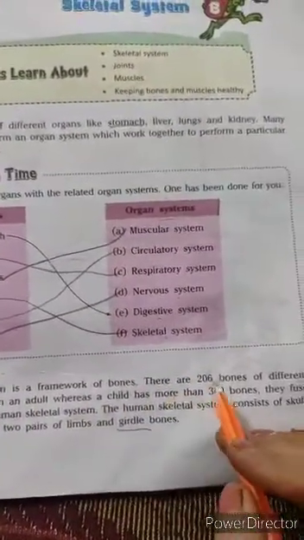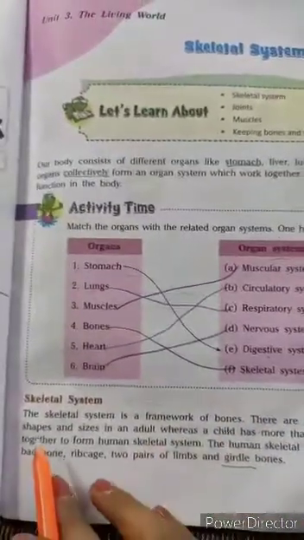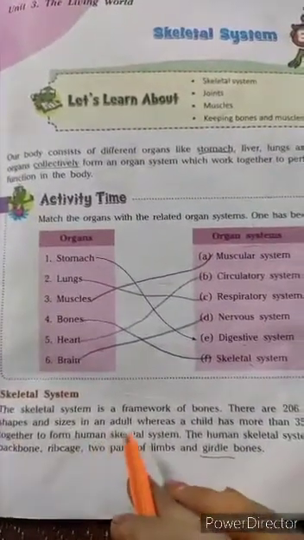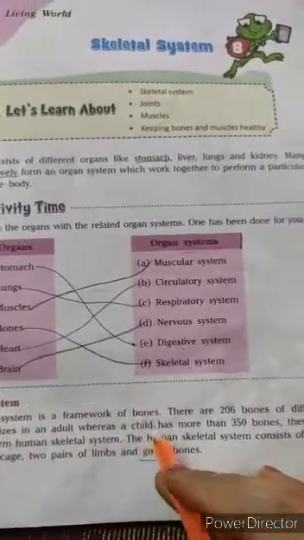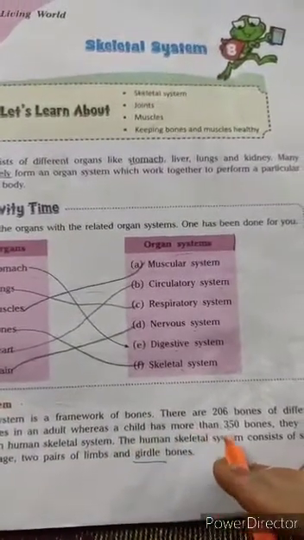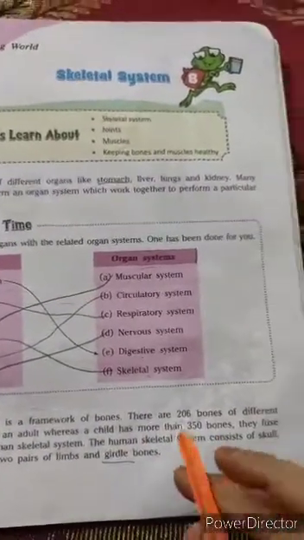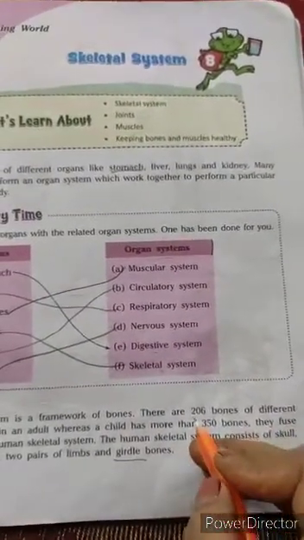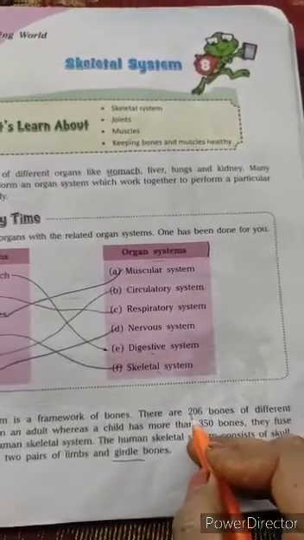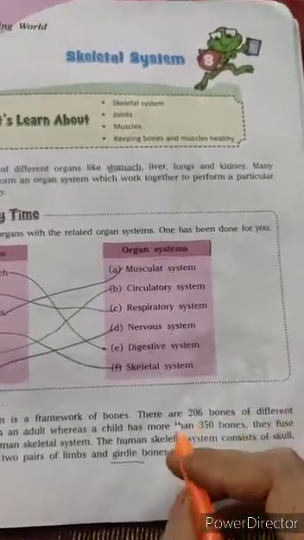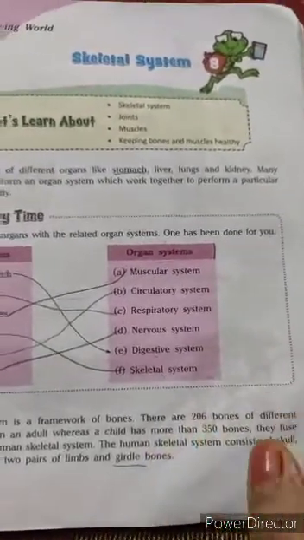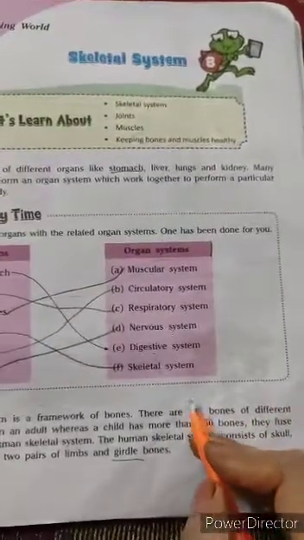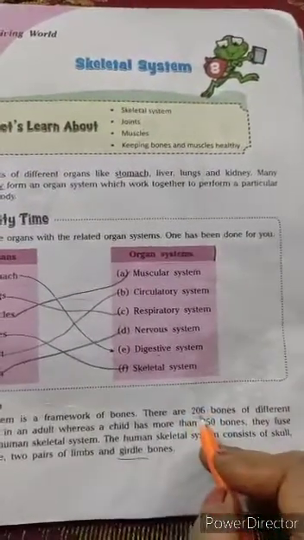There are 206 bones of different shapes and sizes in an adult, whereas a child has more than 350 bones. It means in an adult body, when a person has grown up properly, completed their height and body shape, the number of bones comes to 206.